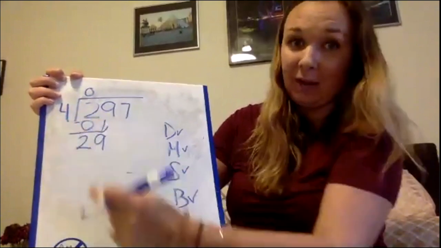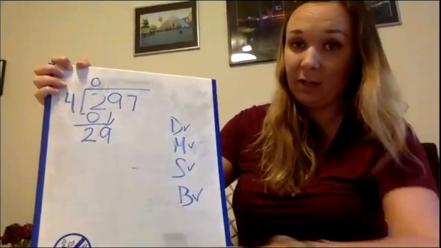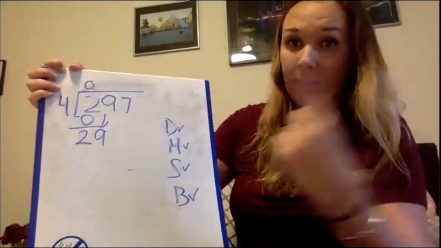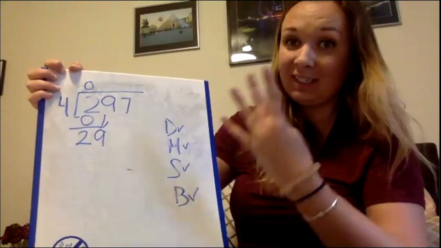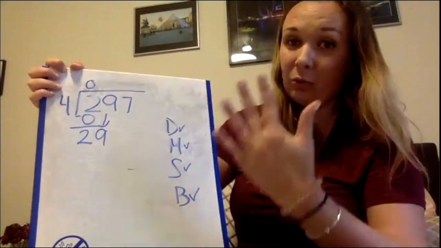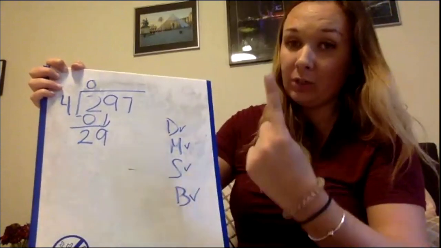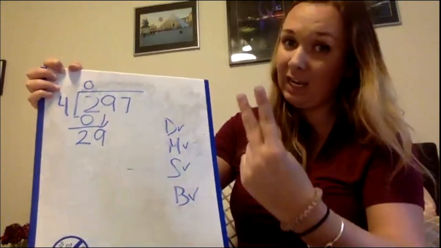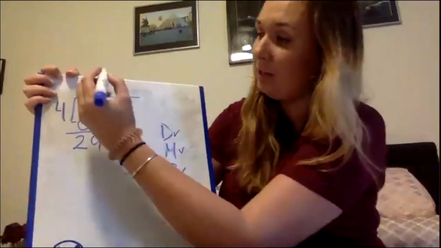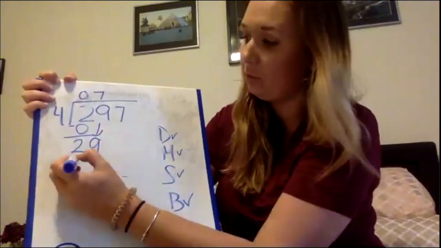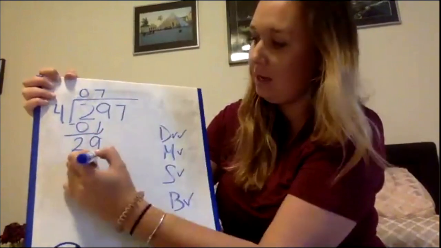Now I'm asking how many 4s fit into 29. 4, 8, 12, 16, 20, 24, 28, 32, but 32 is too many, so I was able to fit 7 4s into 29, and that equals 28.